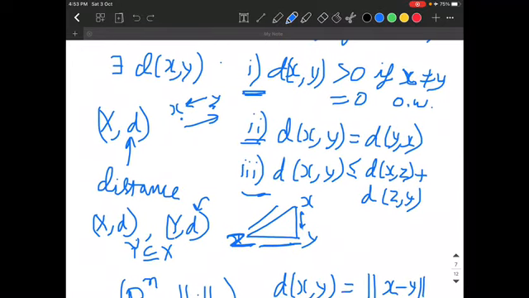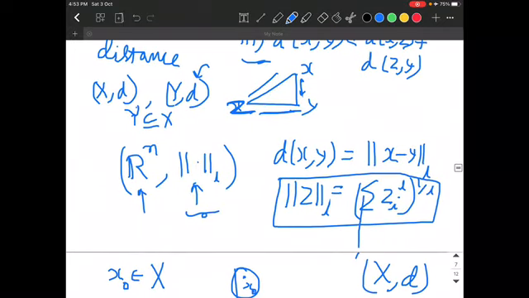Firstly, the distance between 2 points can be 0 only if they are the same, and otherwise it should always be positive, so it can't be negative. Secondly, it's symmetric, so d(x,y) equals d(y,x), and finally it satisfies the triangle inequality.